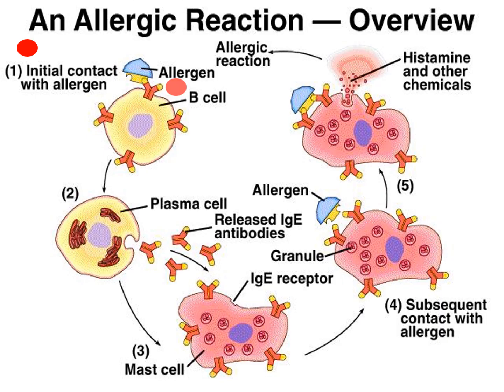So here we have the release of IgE antibodies, and those IgE antibodies are going to go find a mast cell and stick to the side of it. This takes a little while to happen. Once this happens, the person is fully sensitized. They are ready to have an allergic reaction.